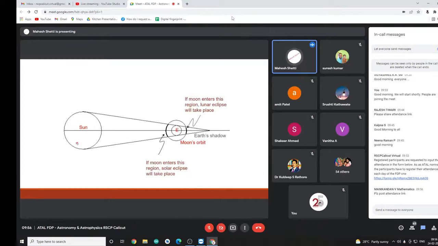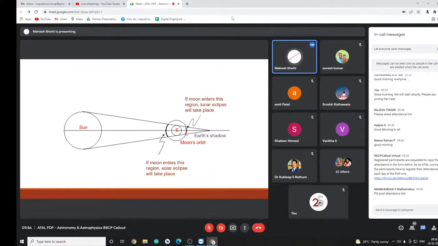This is the sun, this is again not to scale. This is the earth, this is the moon's orbit, and you see this particular arc, anytime the moon comes here, it is going to be a solar eclipse. In this particular arc, if the moon comes, it is going to be a lunar eclipse. You see this arc is larger, so there is more probability that a solar eclipse will take place.